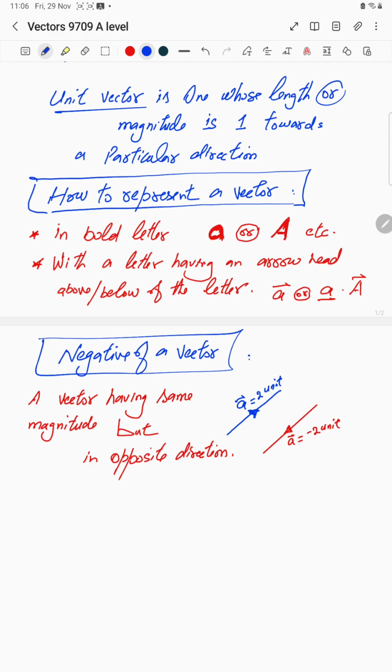So for vector AB, it will be equal to -BA.